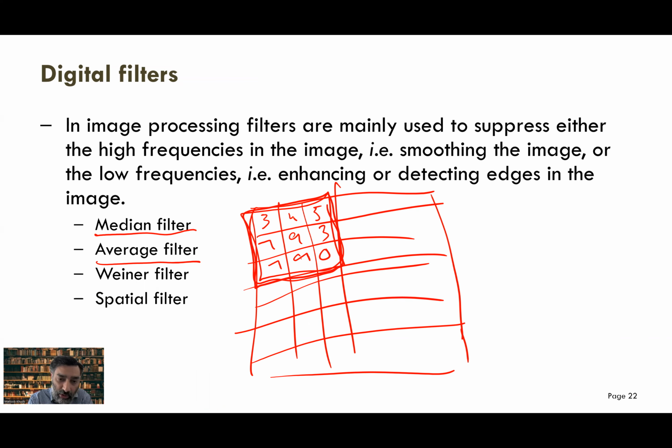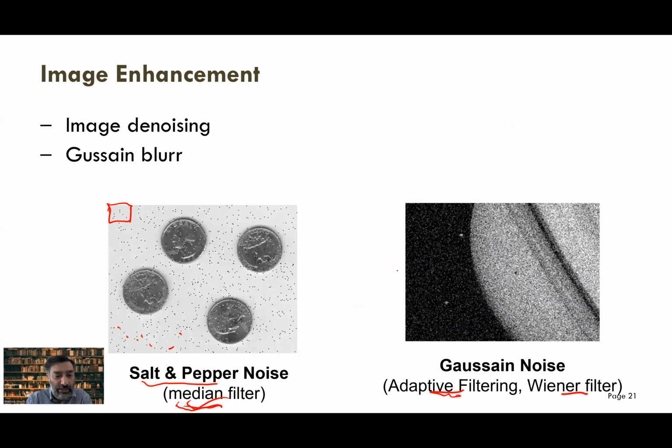Altogether these are 9 numbers, so look at these 9 numbers and see what the median is, or take an average. In the average filter, you take an average, and then the value of every pixel gets replaced by its average, and you just move this window across. This solves many problems. In these images, I've tried it myself: for salt and pepper noise, the median filter works beautifully well, and it automatically gets rid of all this noise.